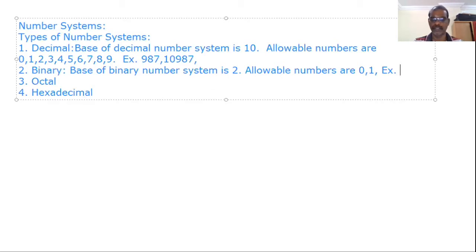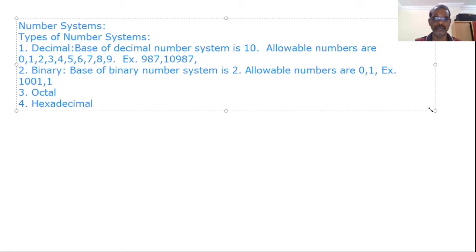Example, it may contain 1001, or 1100, whatever it may be. All the numbers should contain only 0 or 1. Since this binary number system uses only two digits, 0 or 1, the base of the binary number system is 2.